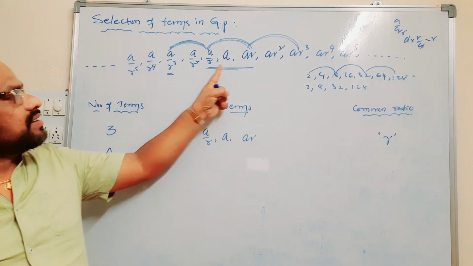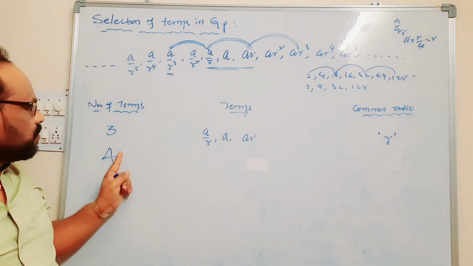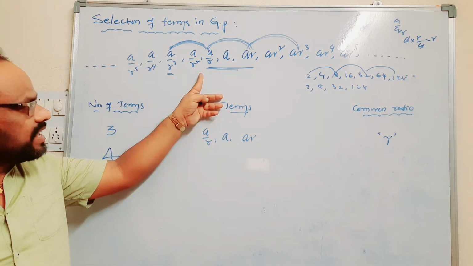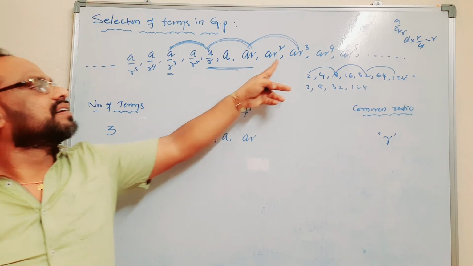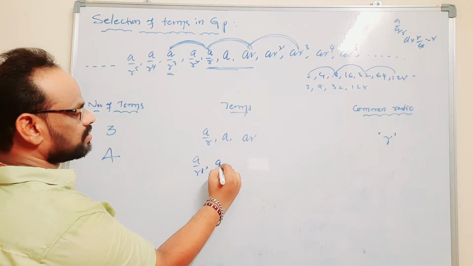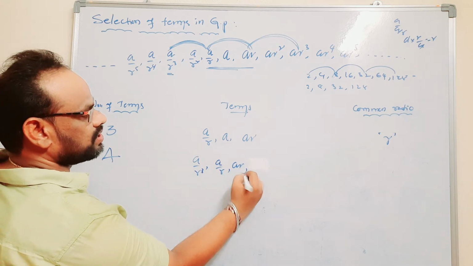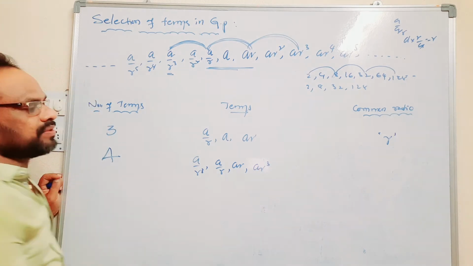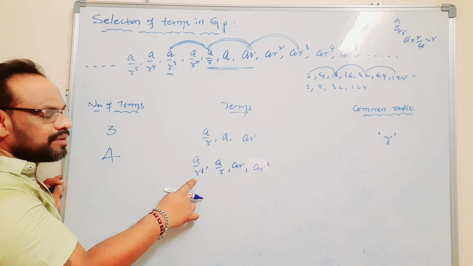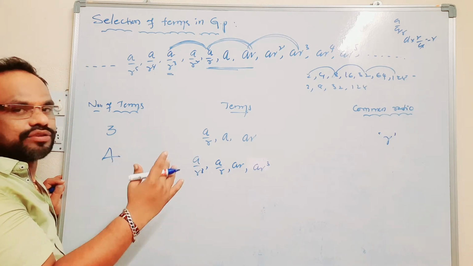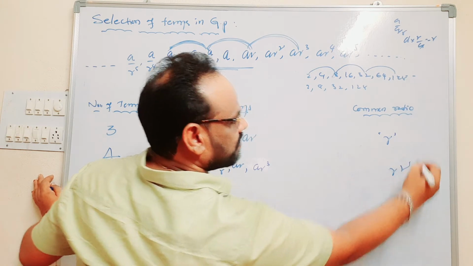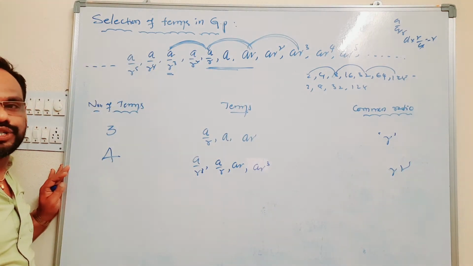So these are A by R cube, A by R, AR and AR cube. Here the common ratio T2 by T1 is A by R divided by A by R cube. A gets cancelled, R and R cube get cancelled. Remaining is R square. R square is the common ratio.